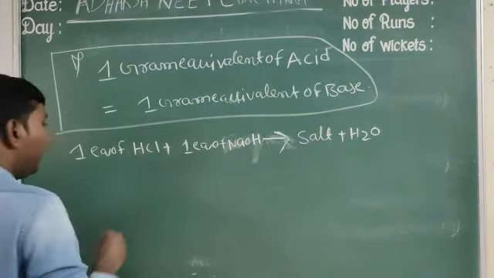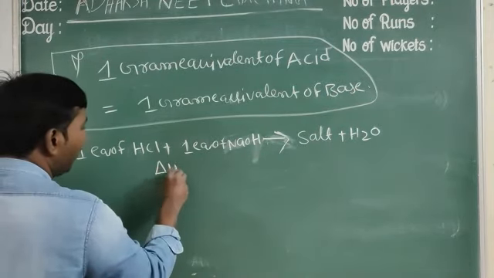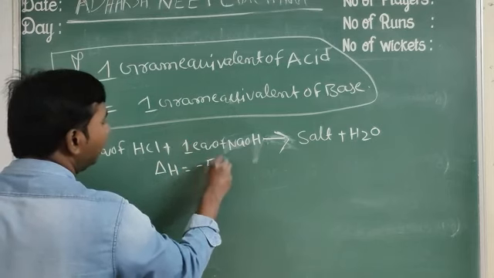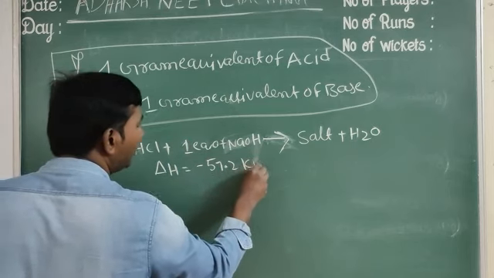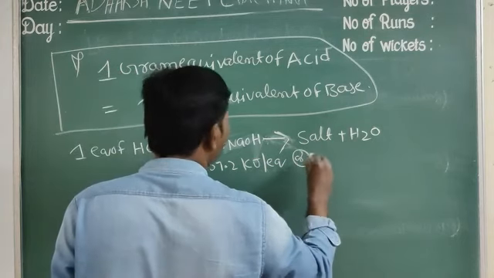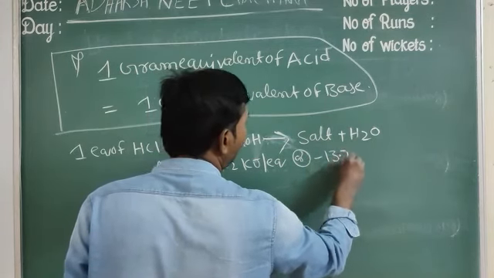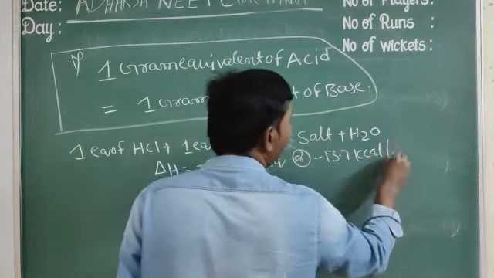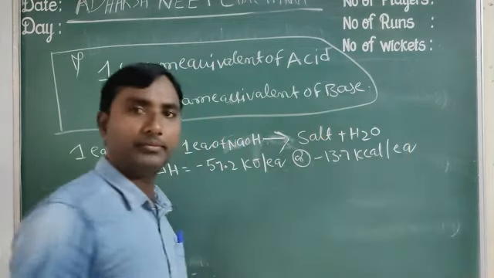Okay, here del H equals minus 57.22 kilojoules per equivalent or minus 13.7 kilocalories per equivalent.